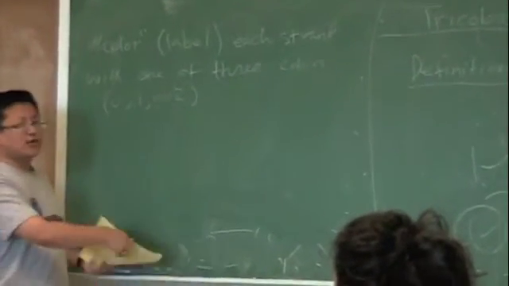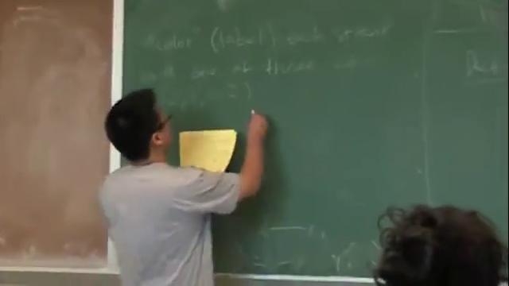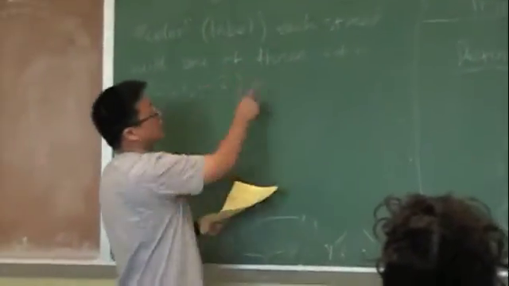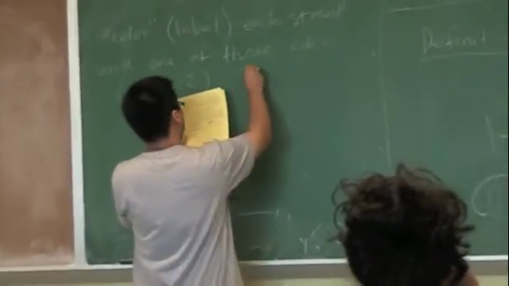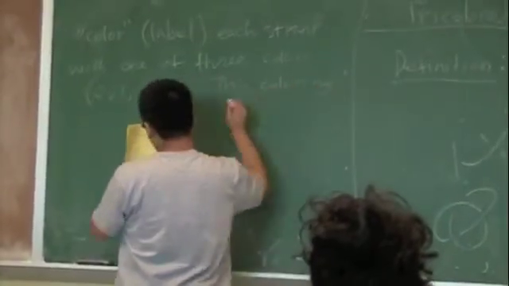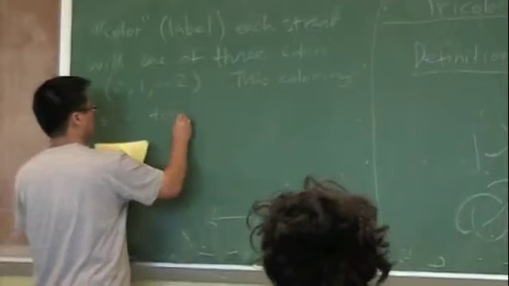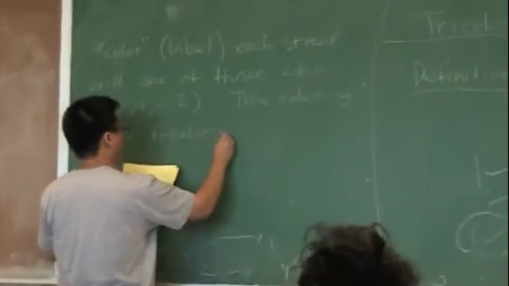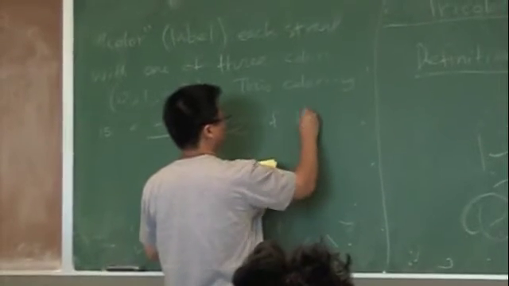And then when we actually have colors we can use 3 actual colors. So this coloring is a tricoloring. That's a new term here. It's a tricoloring if the following hold.